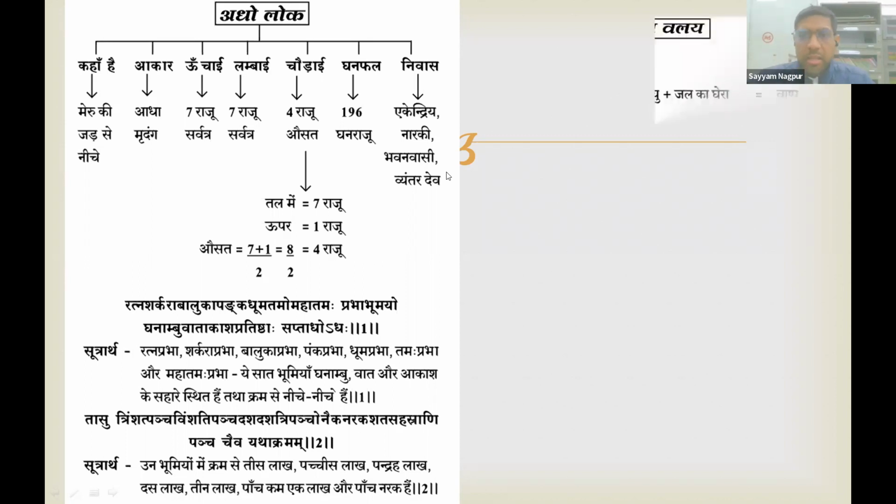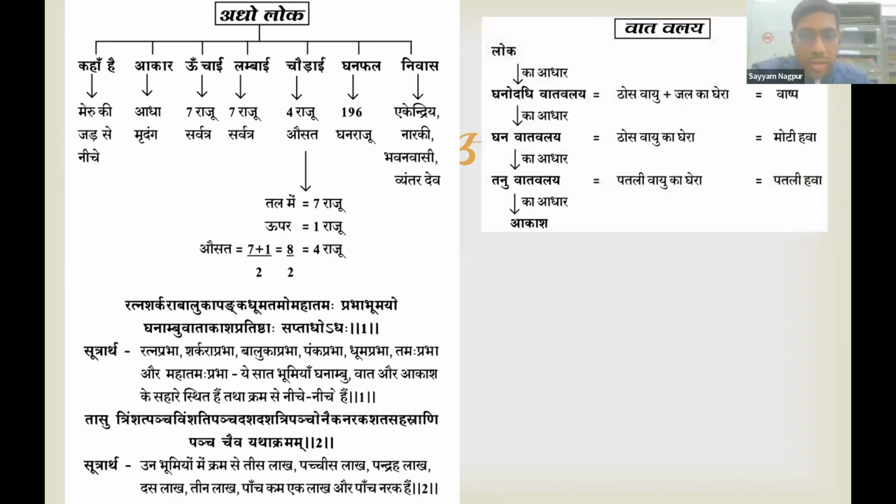So as I had said, I'll tell you what is Vatvalaya. Below every land, there is a Vatvalaya. And below the other land, there is a Vatvalaya. So in this way, there are 7 Vatvalayas in between. What is a Vatvalaya? Vatvalaya is just a dense area where different kinds of things are there.